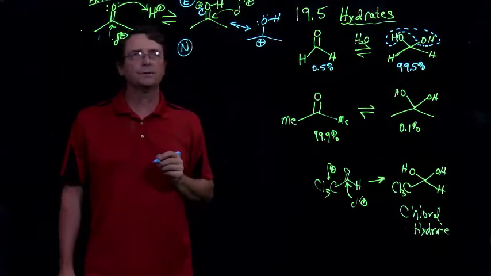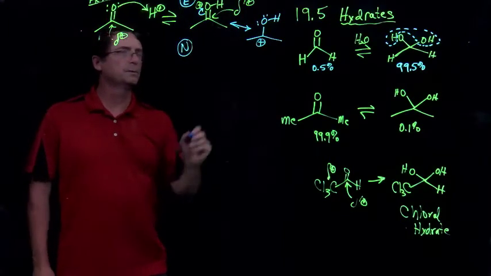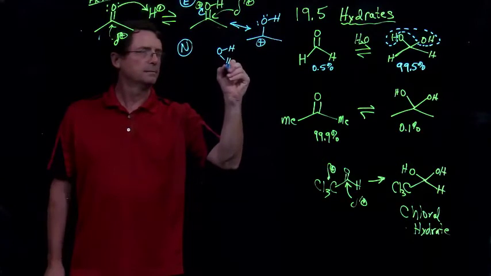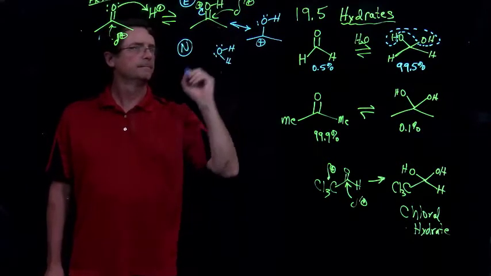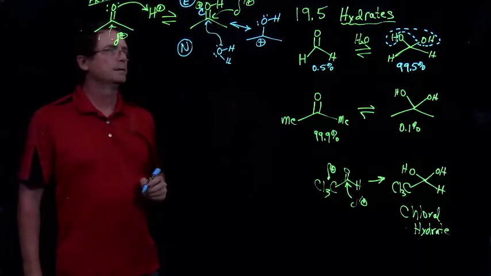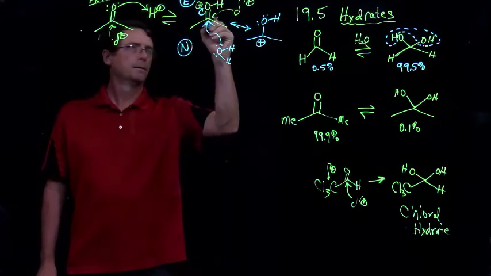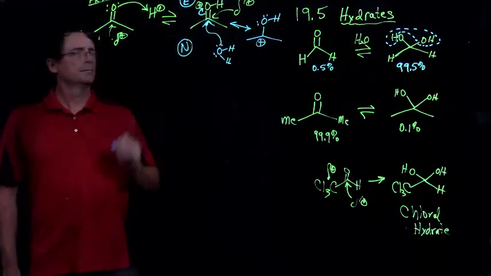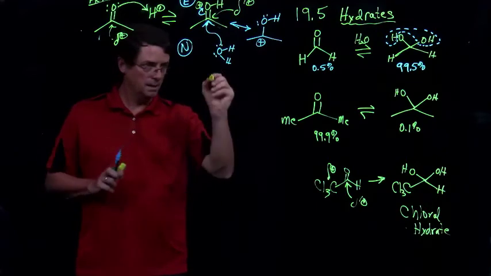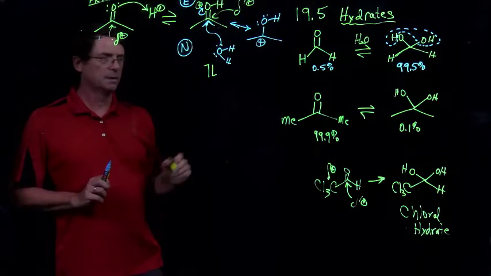Now, notice the first reaction was acid-base. Now we're going to do electrophile, nucleophile. Our nucleophile is water. It can approach that carbon, the lone pair swings up, and again in a reversible process. It's important.